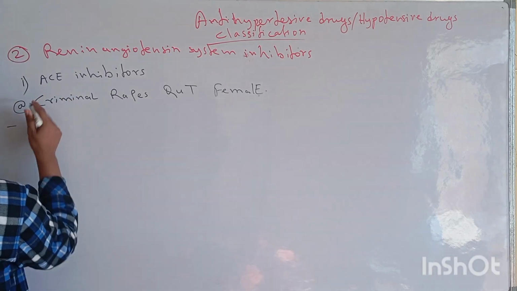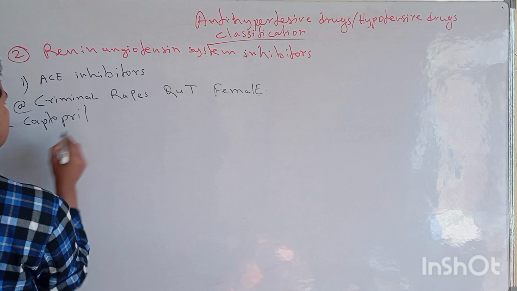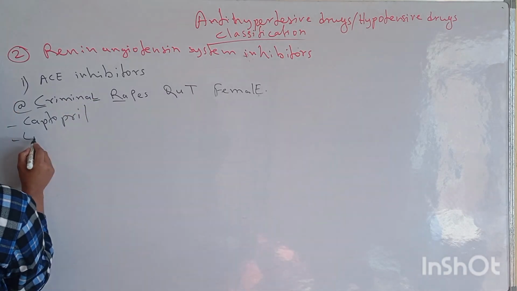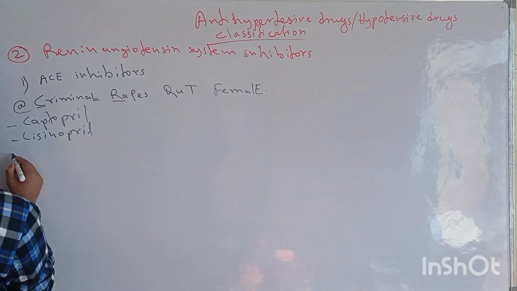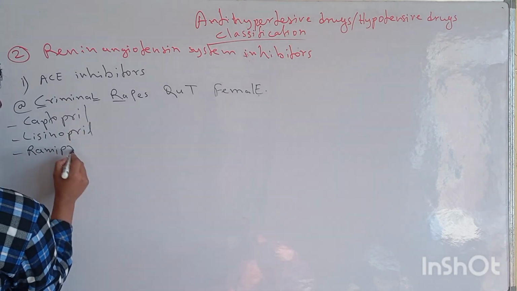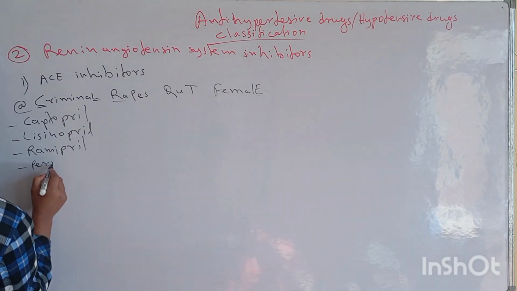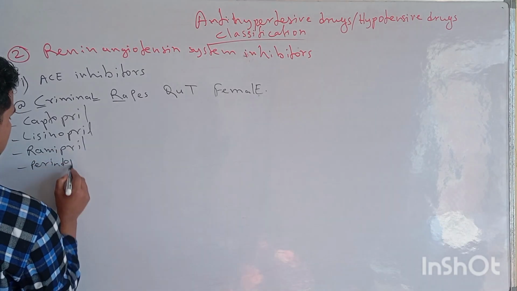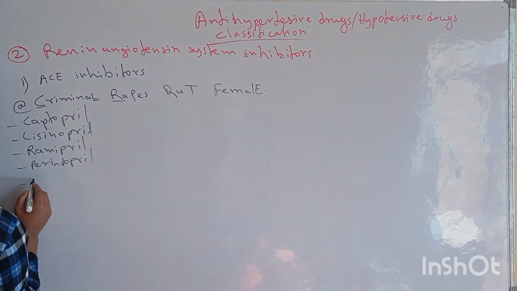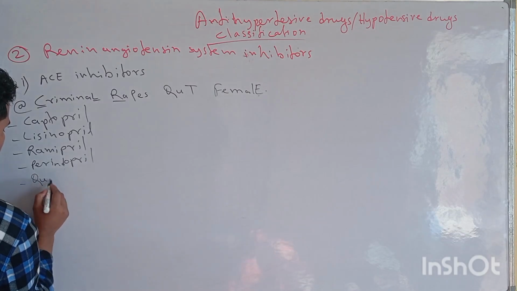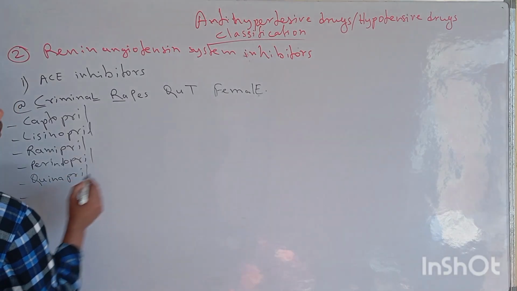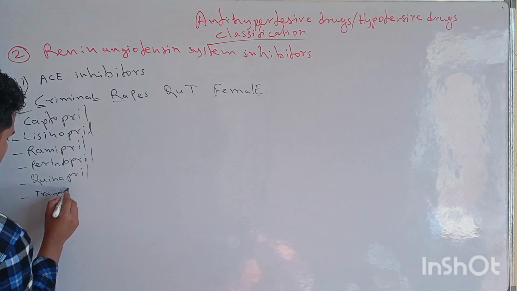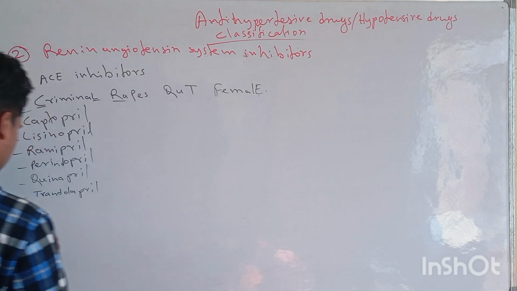So what will be the examples? C for captopril, L for lisinopril, RA for ramipril, PE for perindopril, CU for quinapril, T for trandolapril.